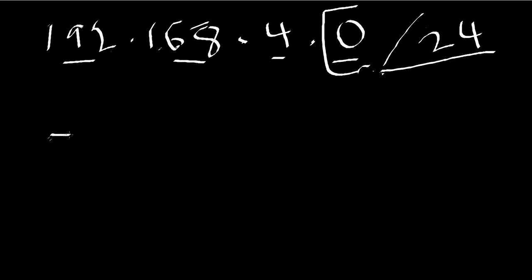You have 1, 2, 3, 4, 5, 6, 7, 8. You have 8 bits. Now I've not put any ones or zeros here yet. There's something important we need to know about these 8 bits.